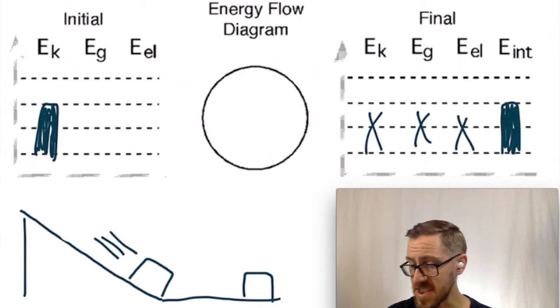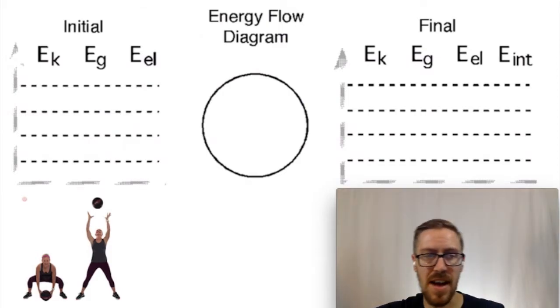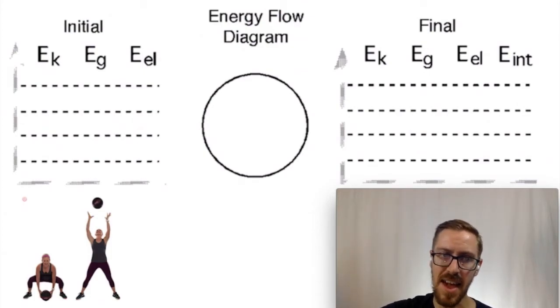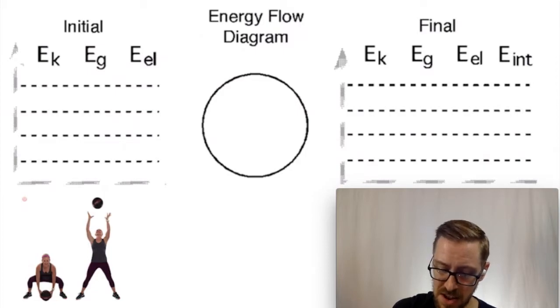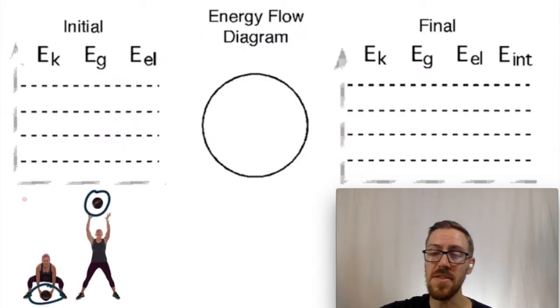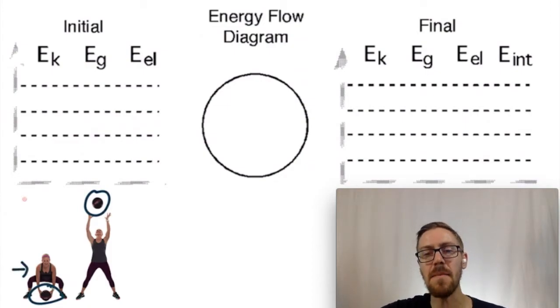All right, now some of these examples will involve energy being put into the object. So if you look at this example right here, this woman tossing a medicine ball into the air, if we're looking at just the ball, it does not have any energy. Now, the energy is technically in the woman in the form of chemicals before she tosses it.